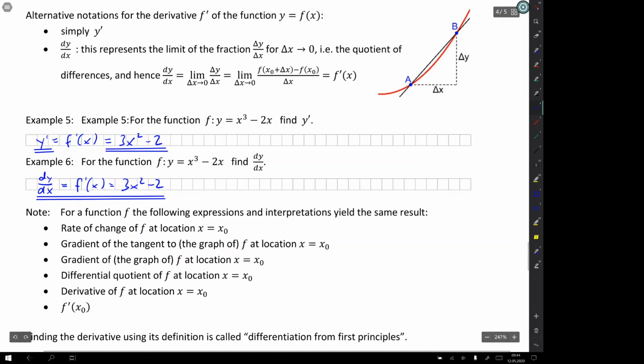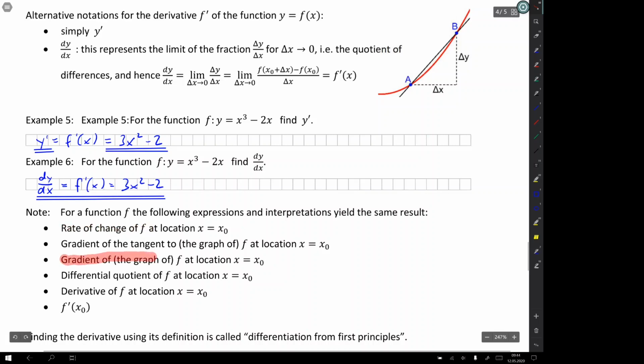We should note that for any function f, the following expressions and interpretations always yield the same result. When we ask for the rate of change of f at some location x equals x0, when we ask for the gradient of the tangent to the graph of f at x equals x0, that's the same like the rate of change.